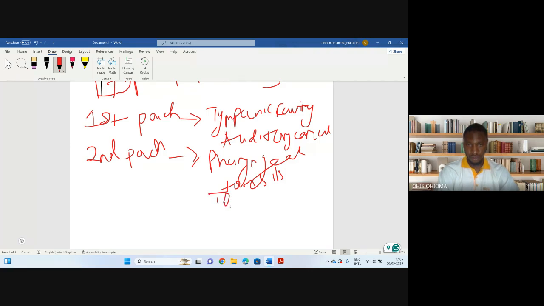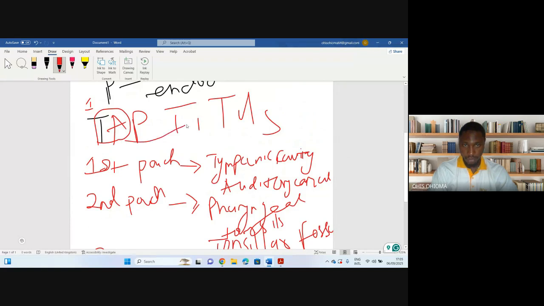Basically, the structures that are found in the pharyngeal regions, what's lining them, are derived from the second pouch. So when you look at our mnemonic, the second pharyngeal pouch is the PT. The first is the tympanic cavity and the auditory canal, that's the TA. The second pouch gives rise to the pharyngeal tonsils and the tonsillar fossa.